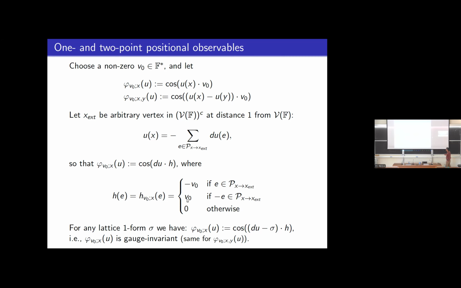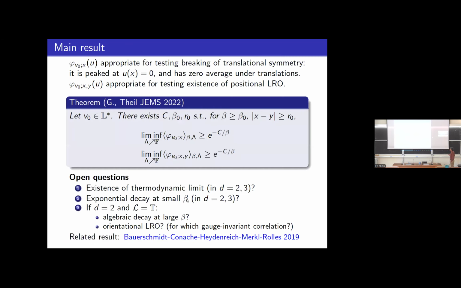So the main result is that for any non-zero vector v0 in the reciprocal lattice, for beta large enough, the average of these functions is uniformly bounded away from 0 by something of the form 1 minus e to the minus c over beta.